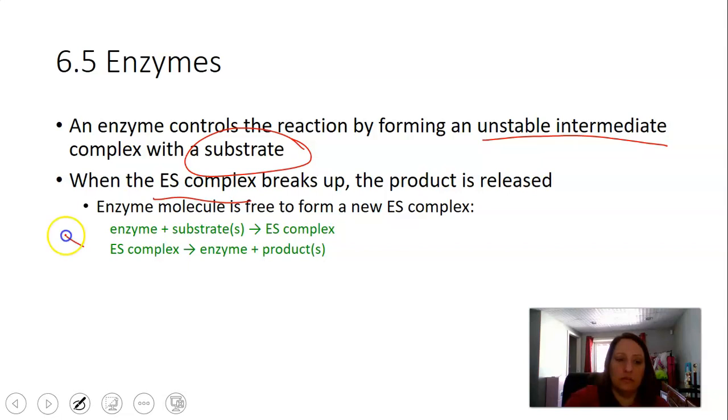So here's a little set of reactions, just to show you that summary. So again, you have your enzyme and your substrate. We'll talk about catalase. So catalase is our enzyme. The substrate is hydrogen peroxide. They are going to bind, very specifically, to form the enzyme substrate complex. Those bonds become weak.